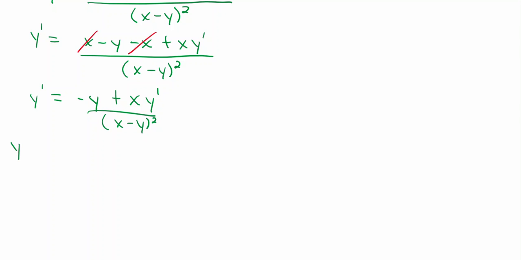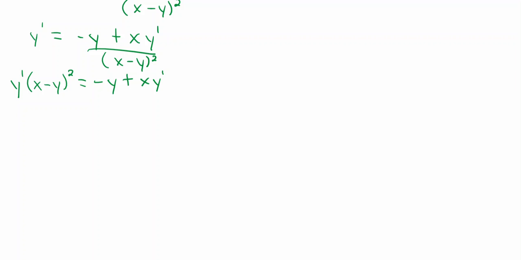Now we have y prime times (x minus y) squared equals negative y plus x y prime.